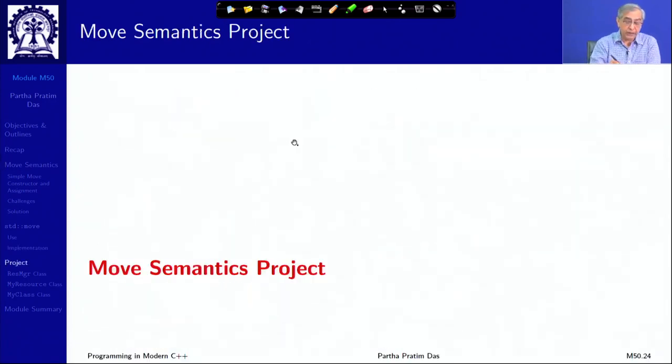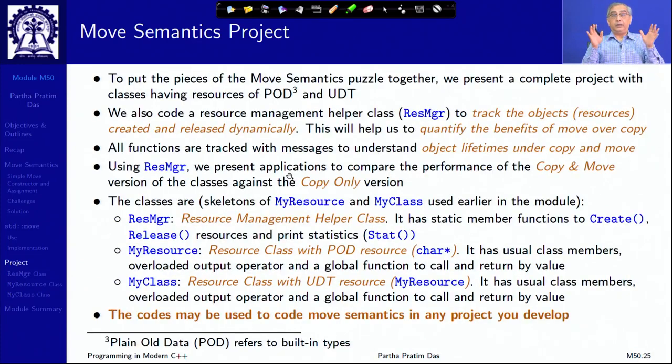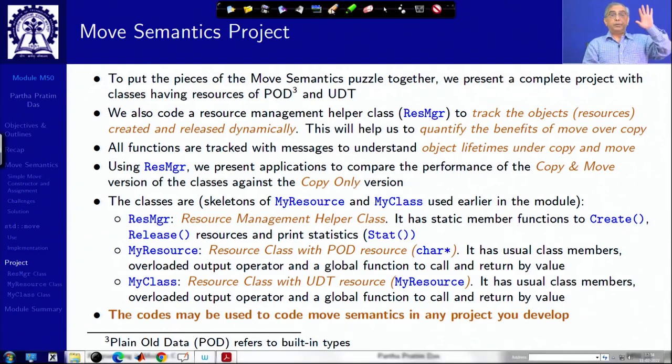Now, before I close, here is a simple project that I created for you. I will not go through these slides because these are primarily code for you to understand. But what I wanted to put together is we have talked about move enabled classes for having PODs as resource. We have talked about move enabled classes with UDTs as resource and how to put them together.